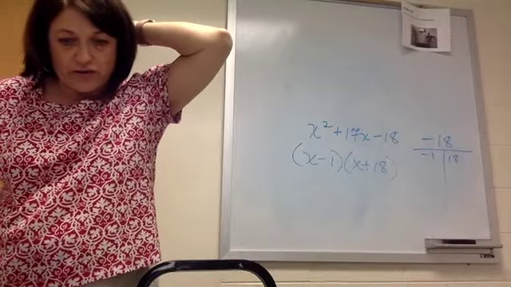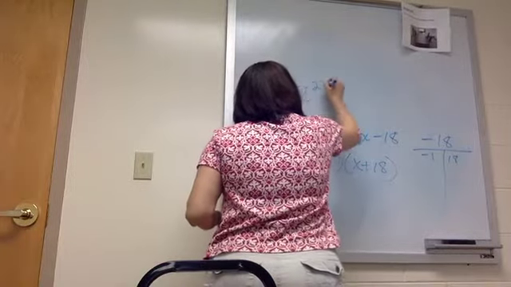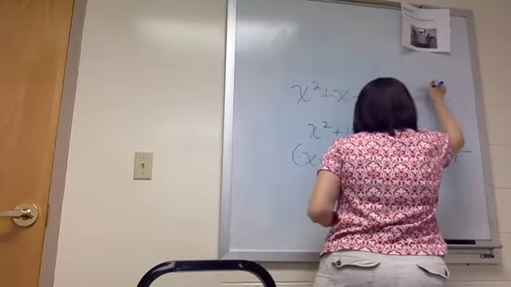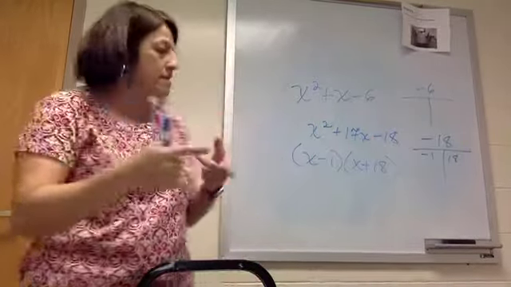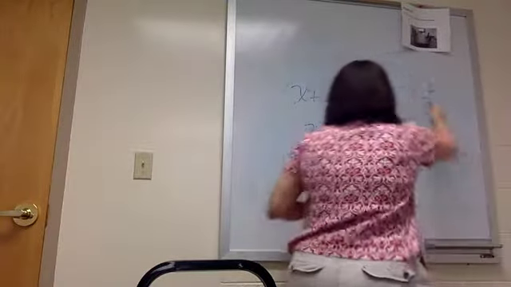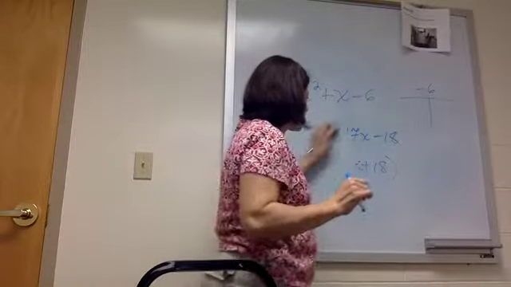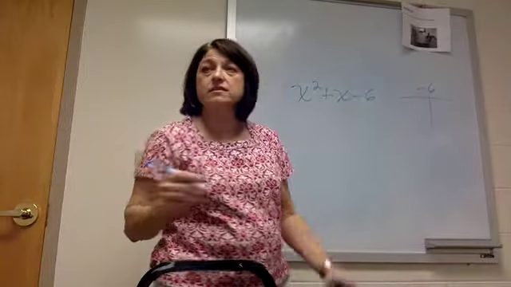All right, so let's do 13 together. This is x squared plus x minus 6. So in other words, I'm looking for factors of negative 6 that when I add them up are going to give me a positive 1. So what are the factors of negative 6?